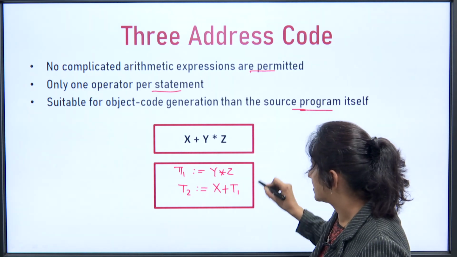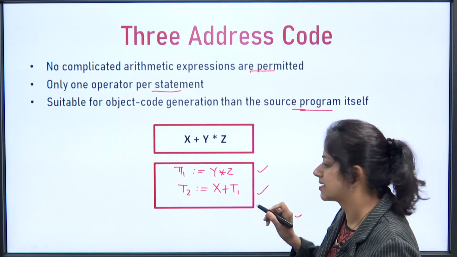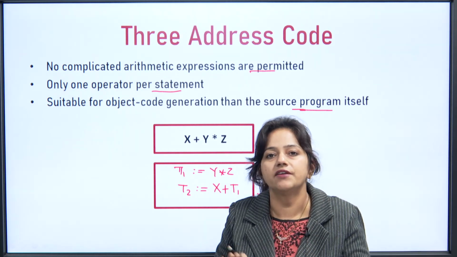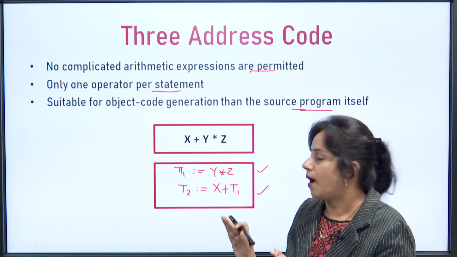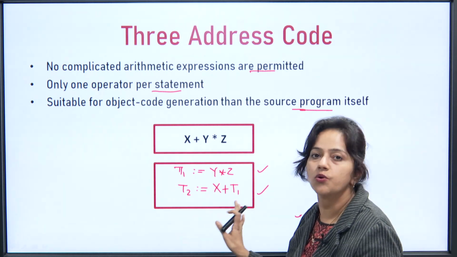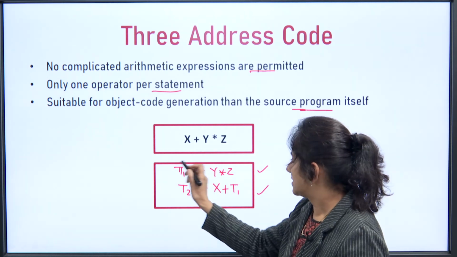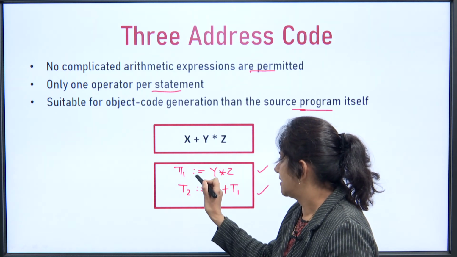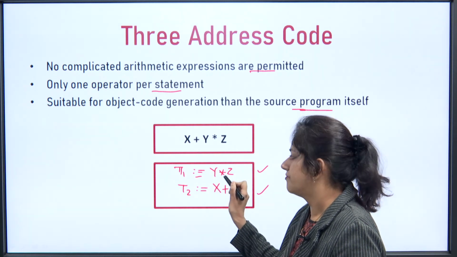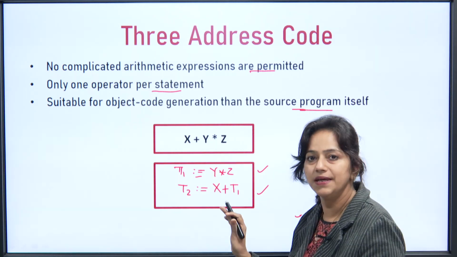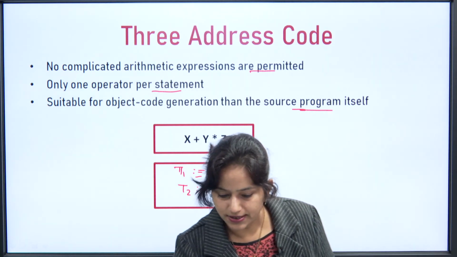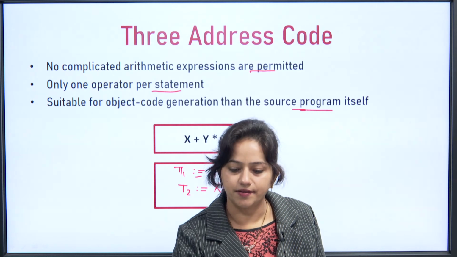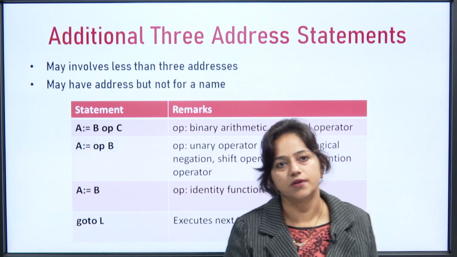These 2 statements are the simplified version of the previous one, written in 3 address code notation. If you look at them, other than the assignment operator, each statement has only one operator, and the meaning is the same. This is the general way we write three address code for a particular statement.